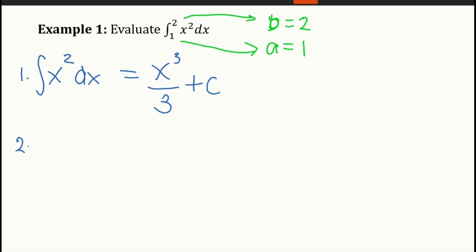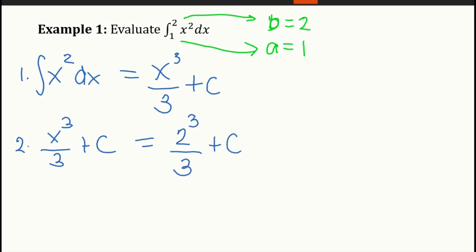Then let's perform. So we have x cubed over 3 plus c for b. Then this is equivalent to 2 cubed over 3 plus c. And then let's perform the third step, which is for a. So we have to substitute a.